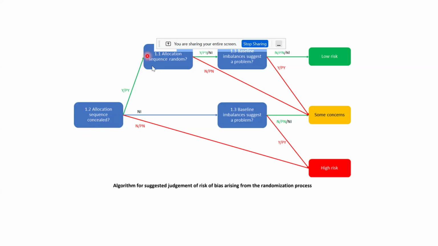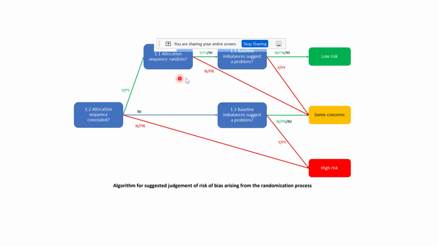This is about randomization. Again, if we answer yes, then we go to the next question, do baseline imbalances suggest a problem? If no, then this is a low risk of bias trial. If it is a yes or a probably yes, then this is some concerns.